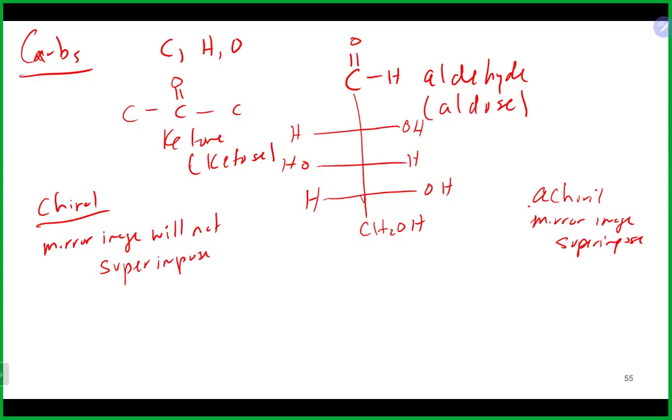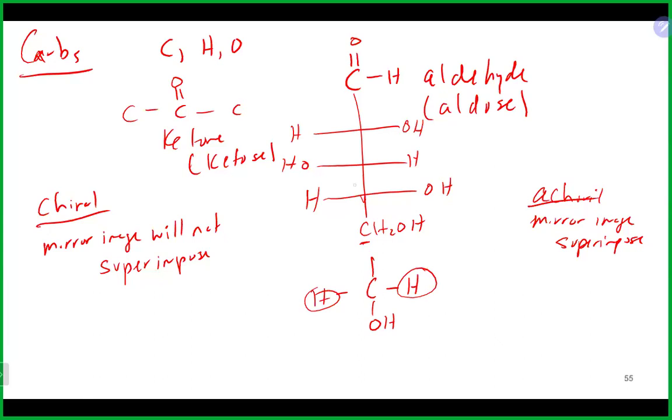So an achiral carbon will not have four different groups; at least a couple of groups are the same. Maybe it has two hydrogens that are the same. So for example, right here, this carbon has whatever is above it, and it has those two hydrogens that are the same. So that would be an achiral carbon.